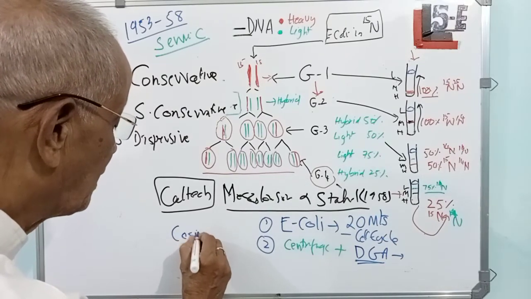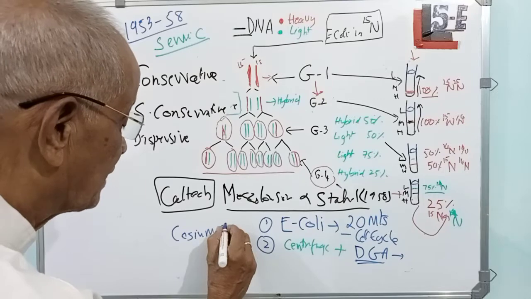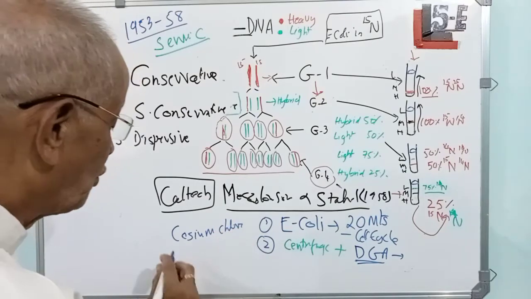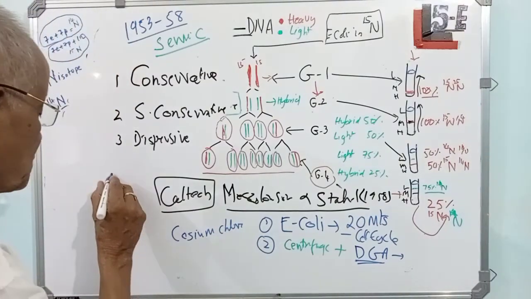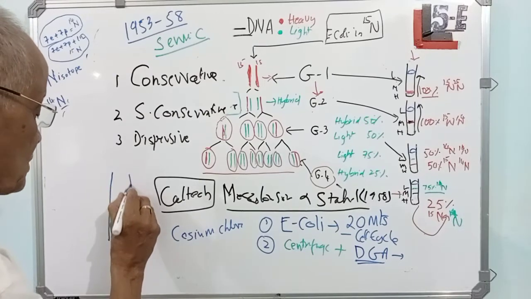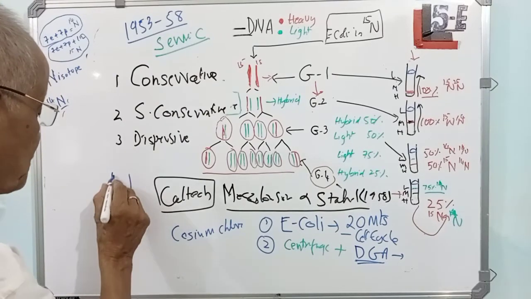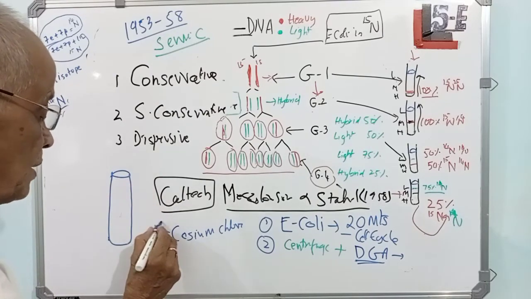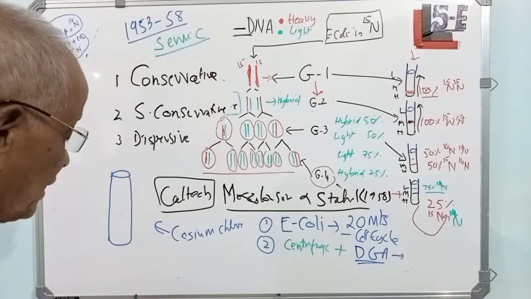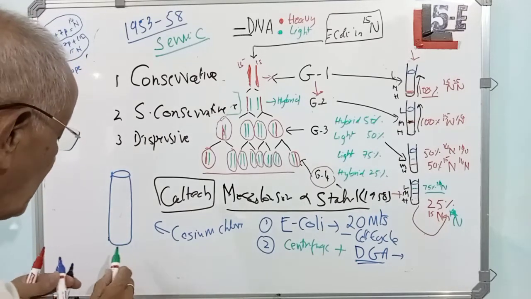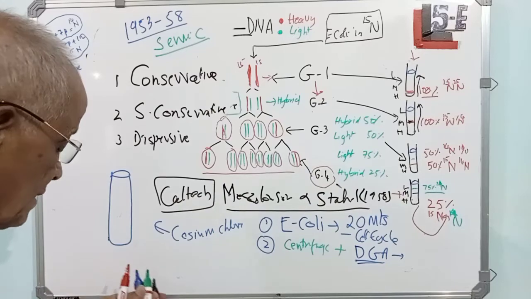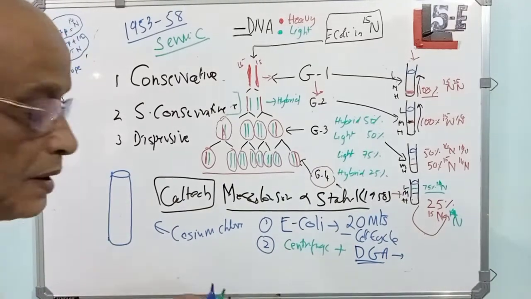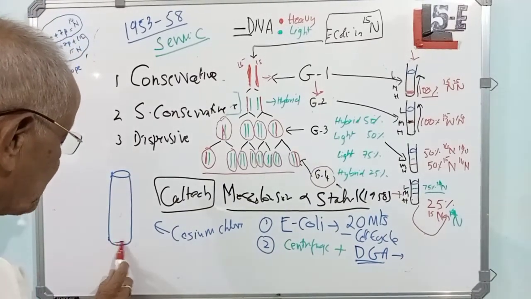Cesium chloride is a material. When centrifuged and allowed to settle down, supposing this is the tube after centrifuge, this will take up the levels in the test tube. That will take up three levels.